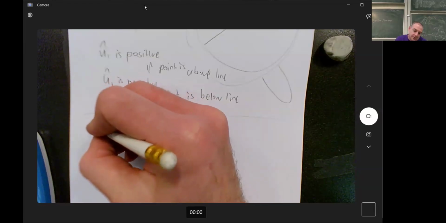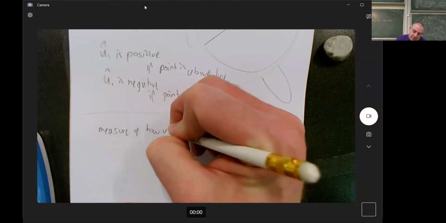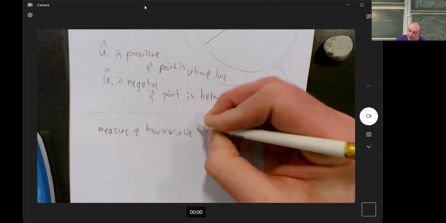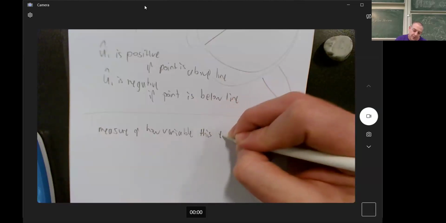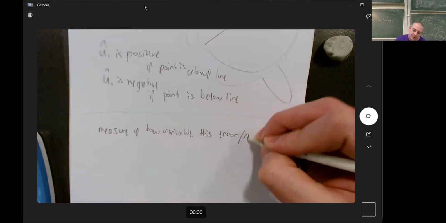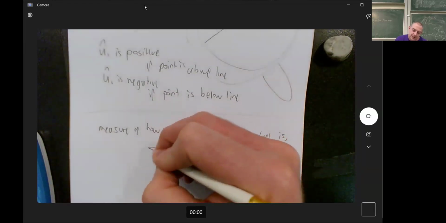So the measure of how variable this error, this residual, is SE.